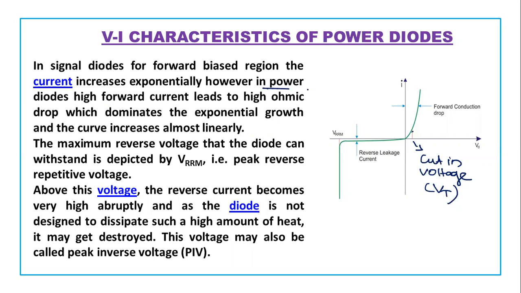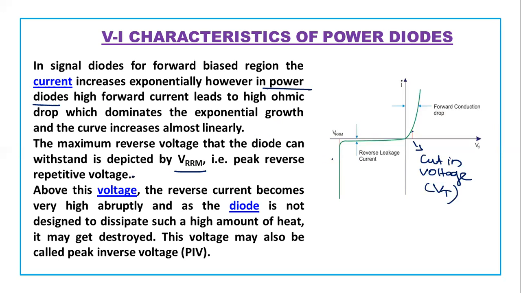However, in power diodes, high forward current leads to a high ohmic drop, which dominates the exponential growth, and the curve increases almost linearly. The maximum reverse voltage that the diode can withstand is depicted by VRRM, also called the peak reverse repetitive voltage. Above this voltage, the reverse current becomes abruptly high.